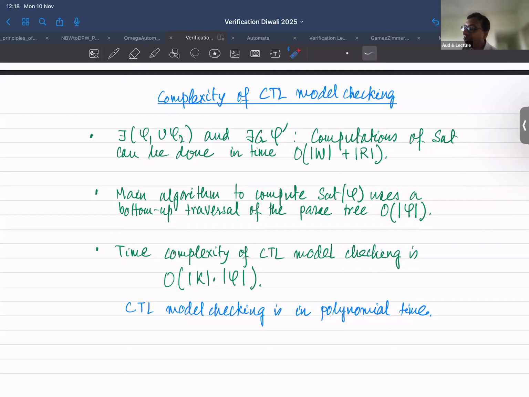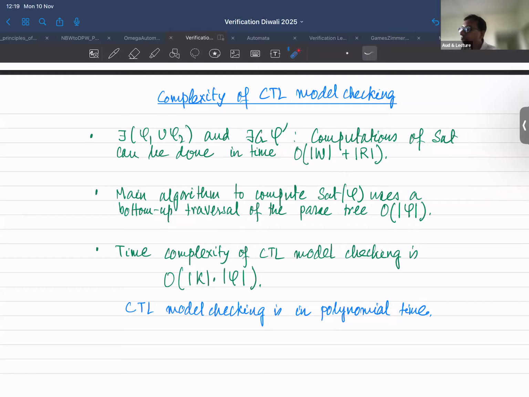Since we do this bottom-up traversal for each of the subformulas, this is the complexity for each subformula.